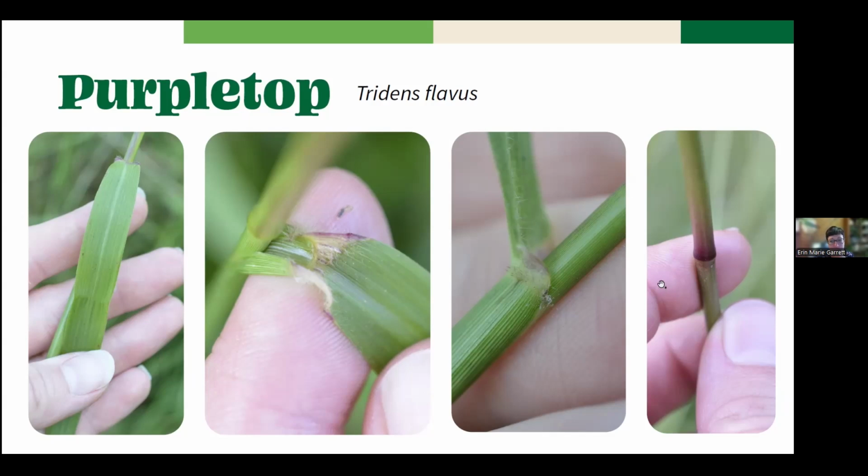I don't know if I put this here because that was an exception to the rule or if I misspoke on the previous slide. I can't remember off the top of my head. So jury's out on the hairy nodes, but definitely these velvety hairs underneath the leaf blade right here. There's a translucent midrib on the leaf too, not really prominent there.